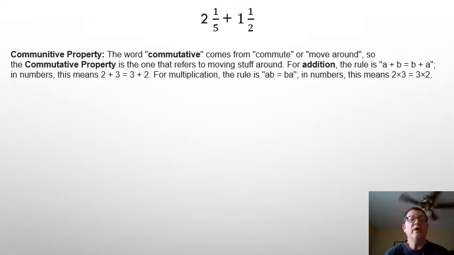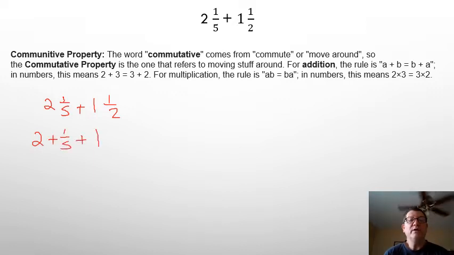And for the problem we're working out here right now, what that means is that I have 2 and 1/5 plus 1 and 1/2. When I rewrite this, I can go 2 plus 1/5 plus 1 plus 1/2. Now, all I've done so far is split them apart, because 2 and 1/5 is 2 plus 1/5.